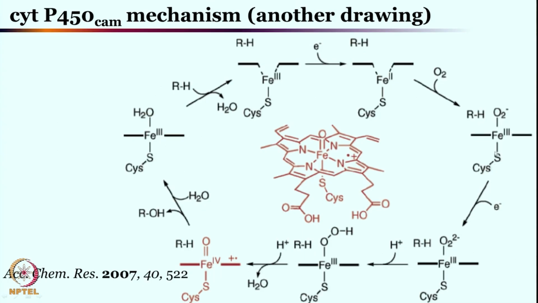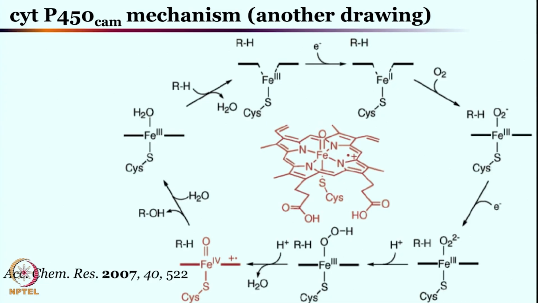Now what really differentiates hemoglobin and myoglobin from cytochrome P450? Yes, you have got it right. The cysteine, this axial ligand, that proximal ligand, compared to the histidine that we have seen in case of hemoglobin.